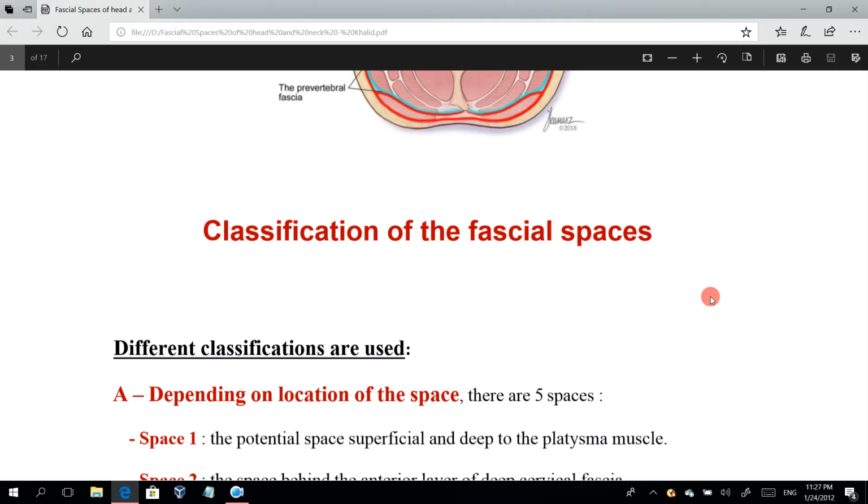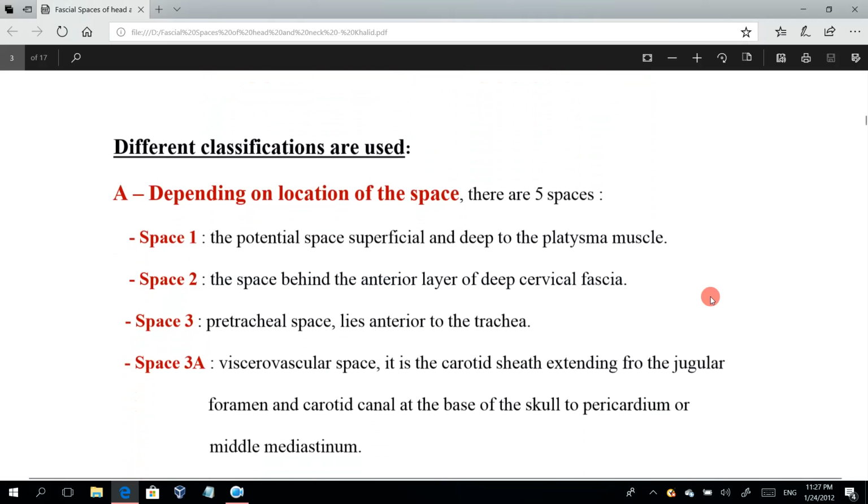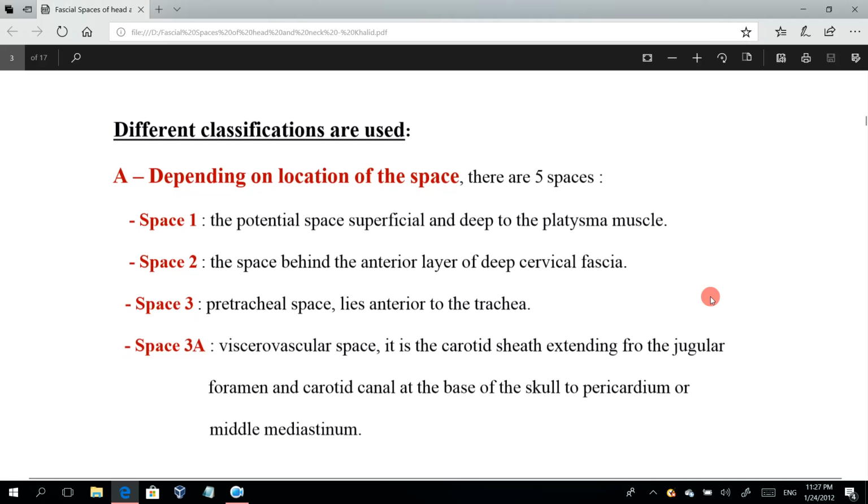The first classification depends on the location of the space. Where is this space? This classification gives us 5 spaces.